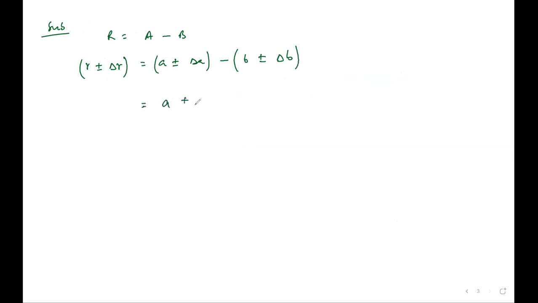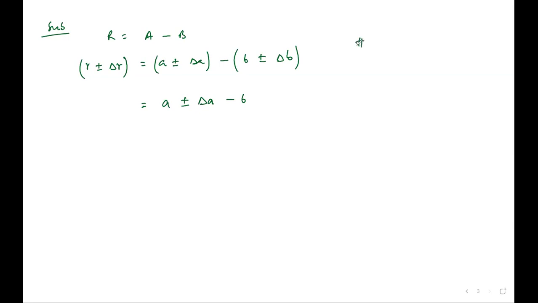Now the next part is to define subtraction. So let's say R equals A minus B. If you put all the values at their respective positions, it will be A plus minus delta A minus B plus minus delta B. Now if you expand this, it will be A plus minus delta A minus B, and this minus on multiplying with this part, but this is error.